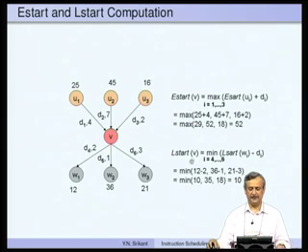And for the latest start, we consider from the bottom the nodes W 1, W 2, W 3 which are successors of V: 12, 36 and 21. Subtract the delays and see which of these is minimum, and that is the latest time at which we can start V. For example, the minimum is 10, that corresponds to W 1 which is 12 minus 2, 10. That means, if we schedule V at 10, then after 2 slots W 1 can be scheduled.